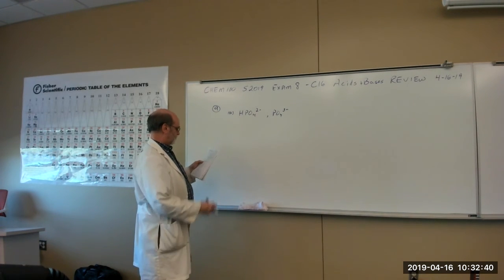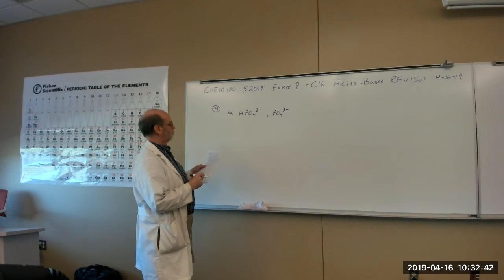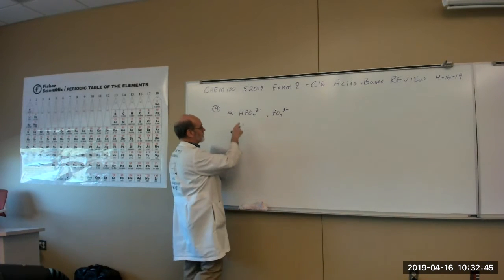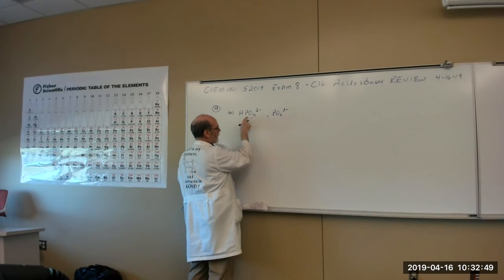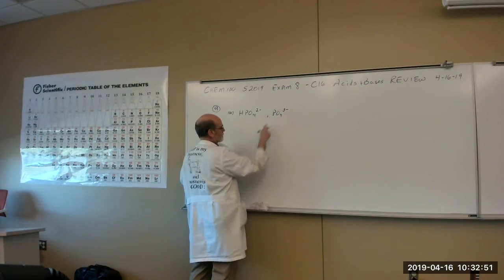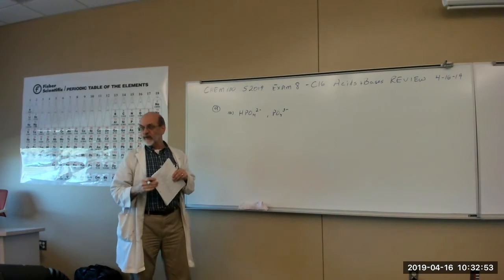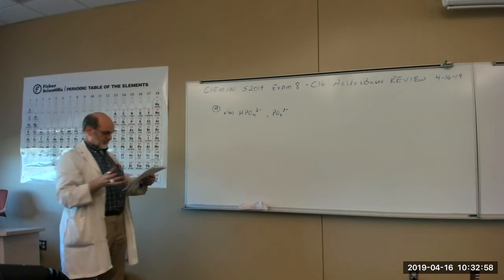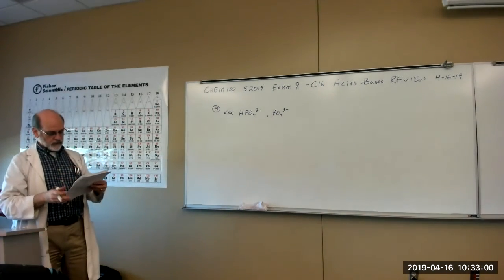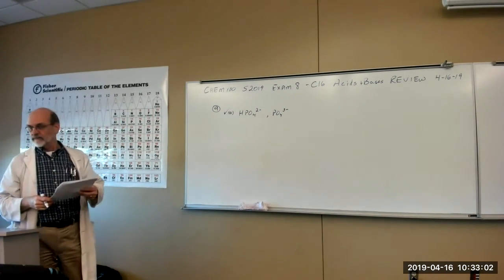Is that an acid-base pair? Well, notice we've lost 1 proton from here to here, and this part stays the same. That's an acid-base pair. Based on the way this question is structured, that's it. You got the answer.